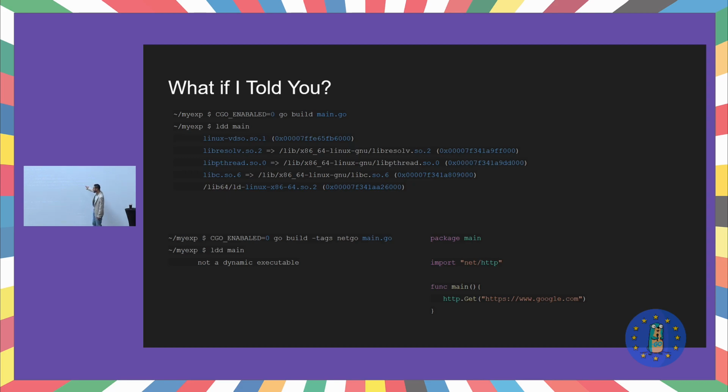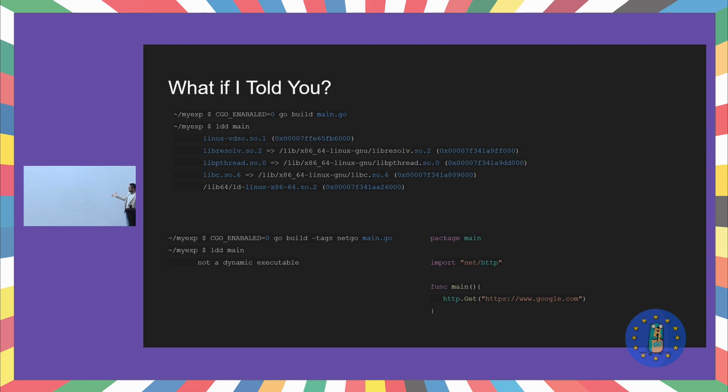It's quite an awkward position to be in, but we can avoid this if we set the tag netgo, and I tell the compiler that I want the pure Go implementation in my net package. Now, this does not extend to the osusergo build tag we've seen earlier, which means if you want both implementations to be pure Go at all times, you're going to have to set netgo and osusergo in both ends.